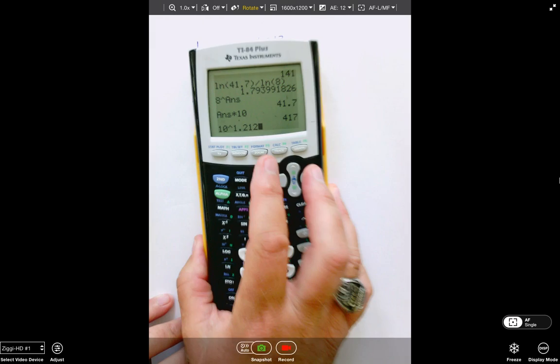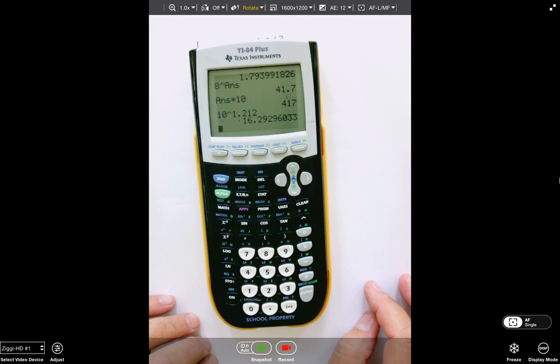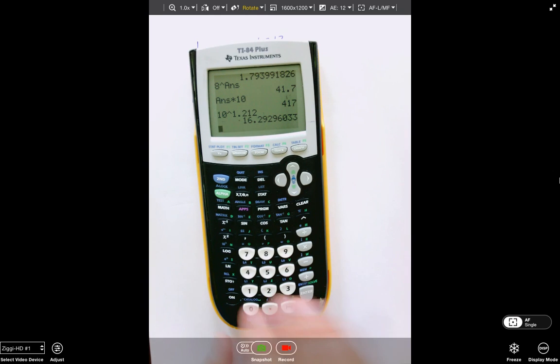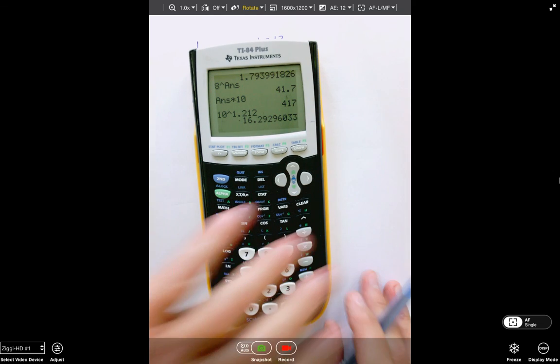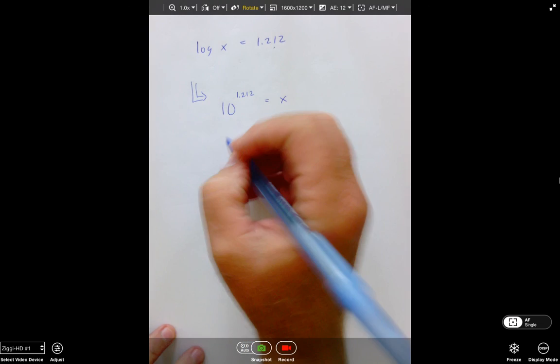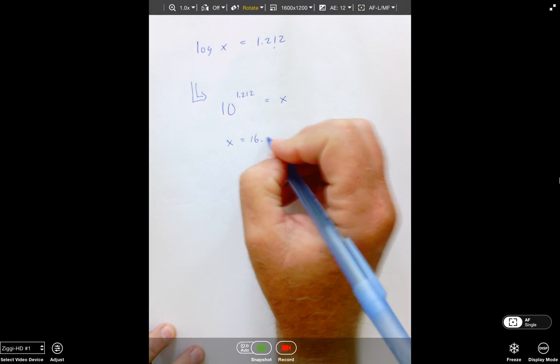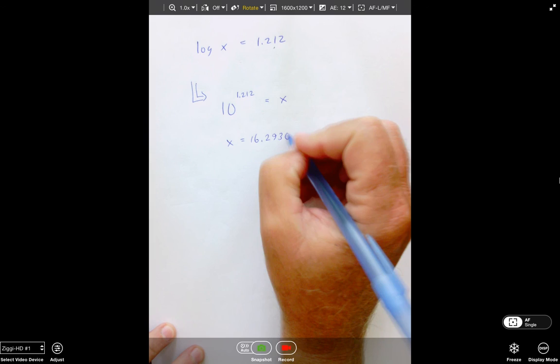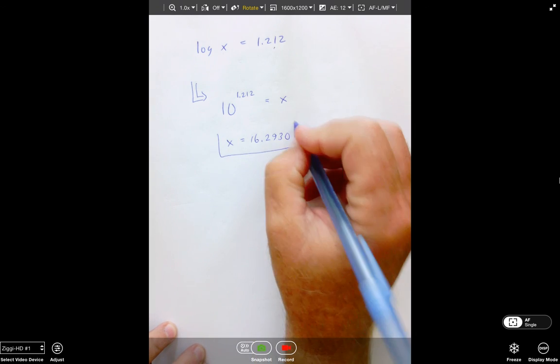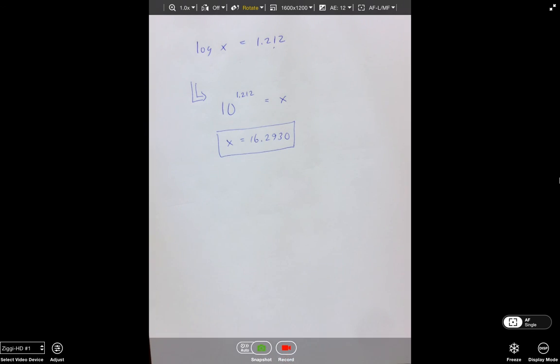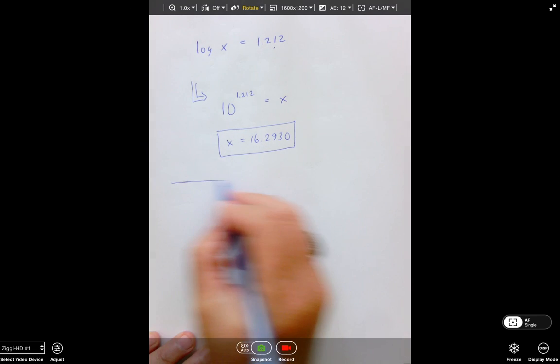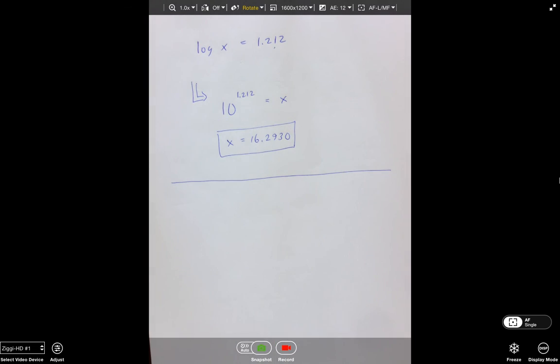Yeah. Which is 16.2929. Well, 16.2930 if we go to 4 places. I can't remember whether my math lab goes to 4 places or 5, but whatever it says, just go for it.